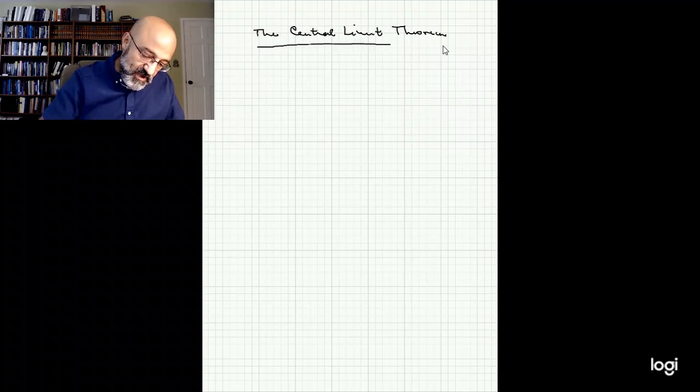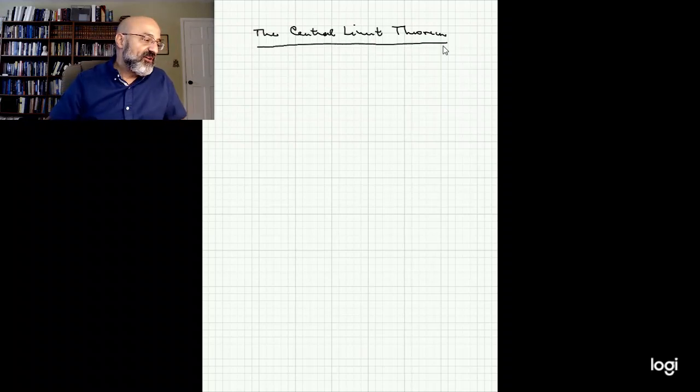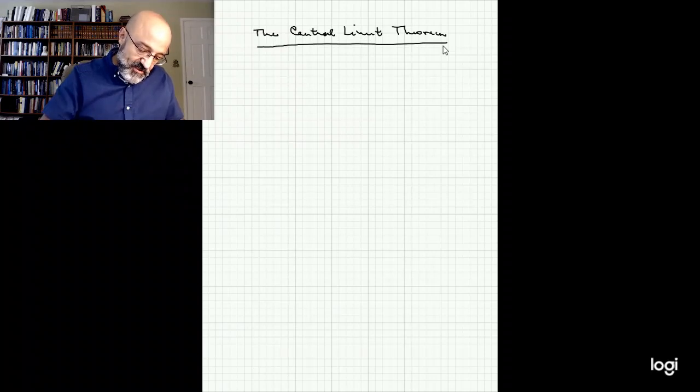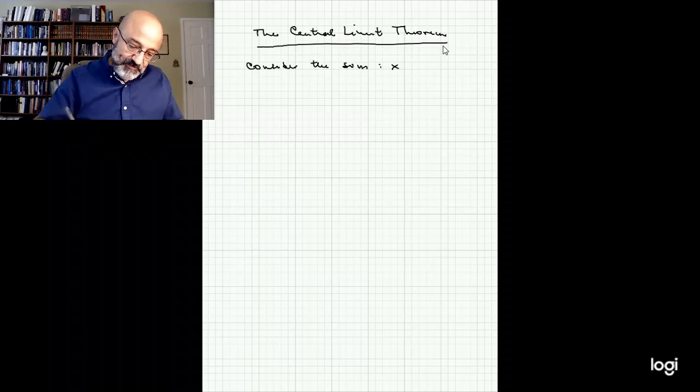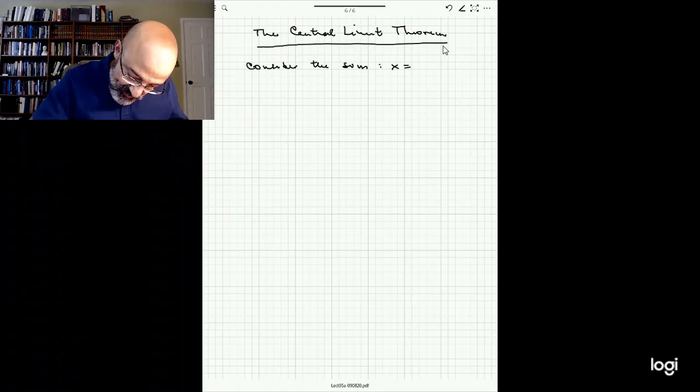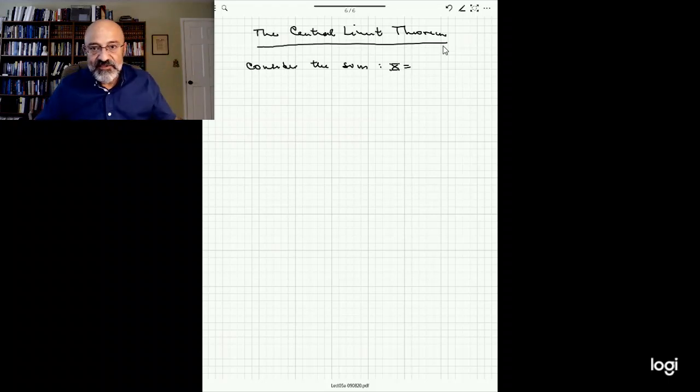This is where we give up on the requirement that the various small quantities be identically distributed. So here we go. We consider the sum. Again, what we have is a sum. Consider the sum capital X equals, okay, my symbol for capital X is always going to be something like that.